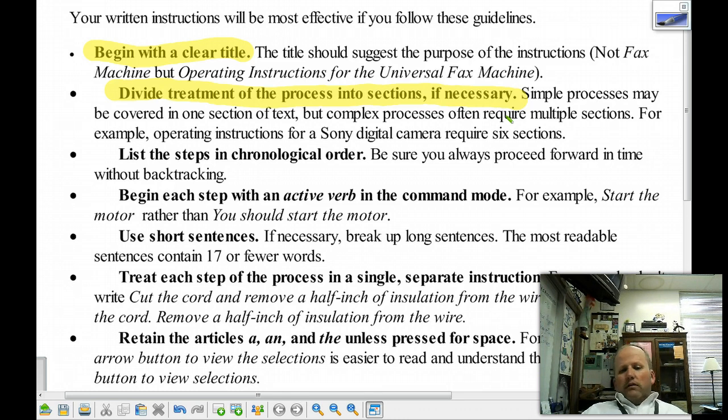So, for every one of the things I just mentioned, you may want to have a separate section, a section on taking pictures, especially with a cell phone. So that cell phone is not just a phone, it's many different pieces of equipment, and each function of a cell phone may need its own section. This page says operating instructions for a Sony digital camera require 6 sections. And I'm sure cell phones probably require more than that.